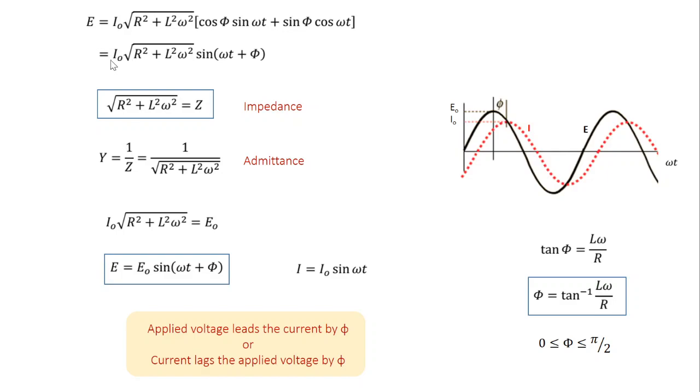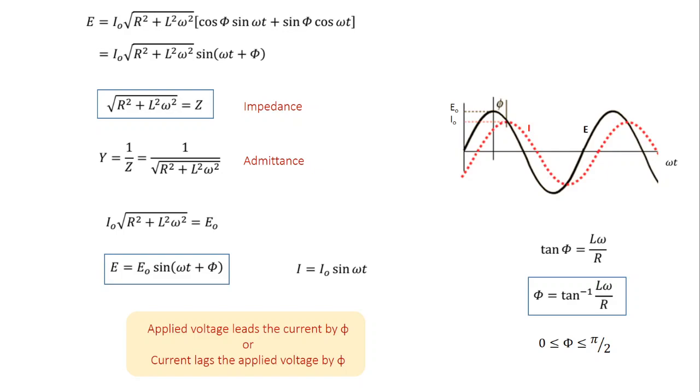Now coming back to the EMF equation, so here if you look at the constant term here, I have the peak current I naught multiplied by the total resistance, which is the impedance. Current into resistance is nothing but voltage, so peak current into resistance I can call as peak voltage E naught.